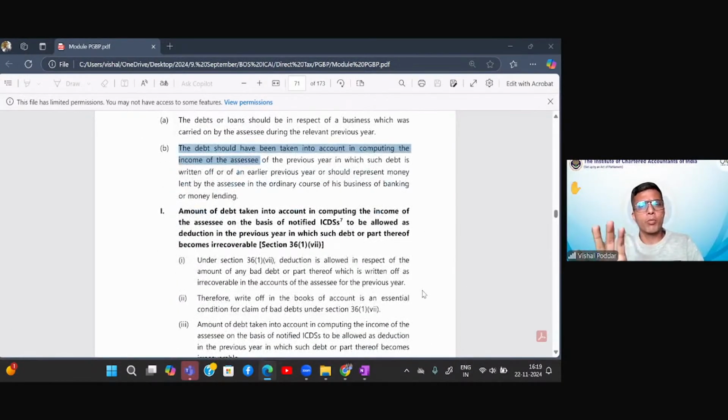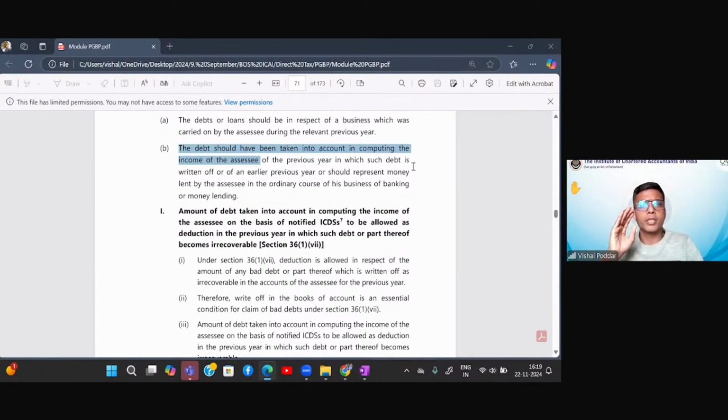Baki ICDS and all, whatever they are saying, that is only the theoretical part, but practically it simply means the bad debts which are incurred by you. But I don't go into it, if you remember, I had already mentioned ICDS is not applicable to your syllabus. So that is why I'm not going into the technicalities of it. Even if you read, it will have the same answer. Basically, what they are saying is you have to prove that they are your business debts that have become bad. And that is where you will be allowed deduction of the bad debts.